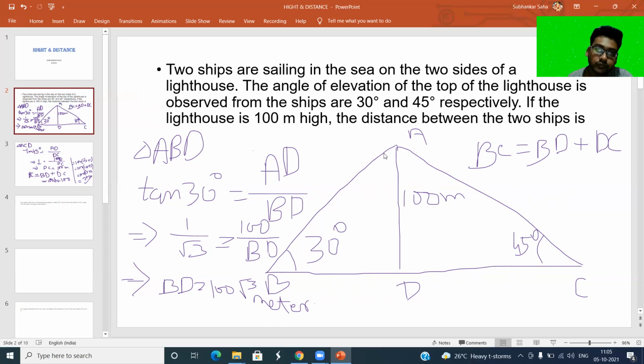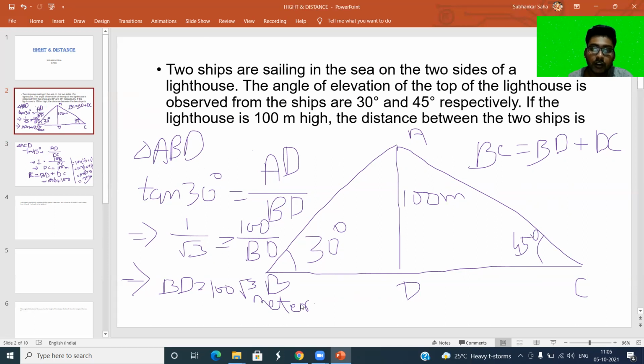In this question, in triangle ABD, tan 30 degrees is equal to height by base, AD by BD. AD is 100 meters and BD is not given. We find BD. BD is equal to 100 root 3 meters, since tan 30 degrees is 1 by root 3.